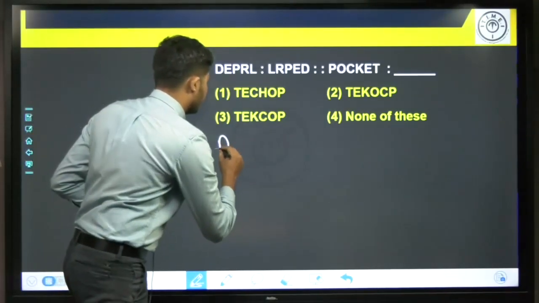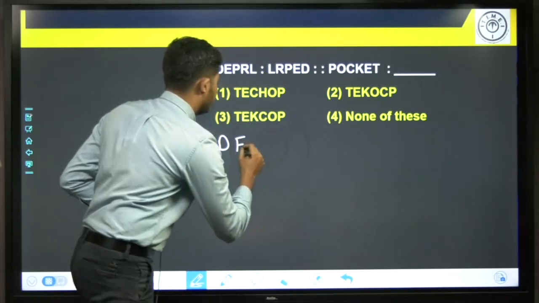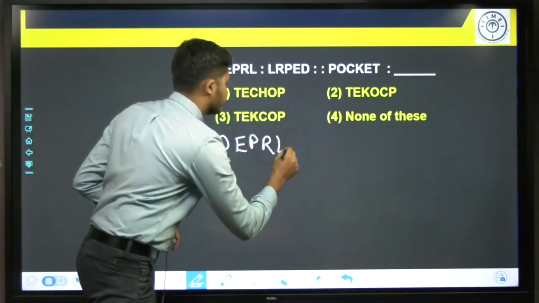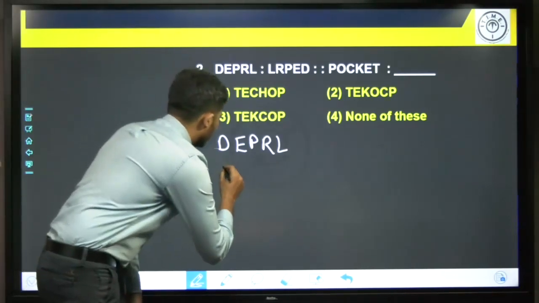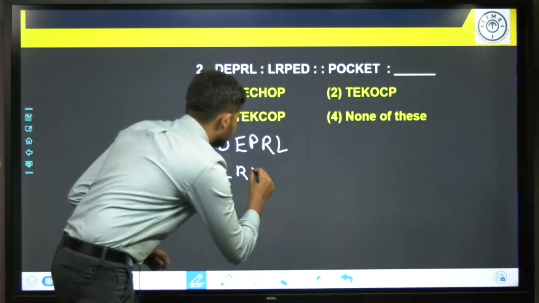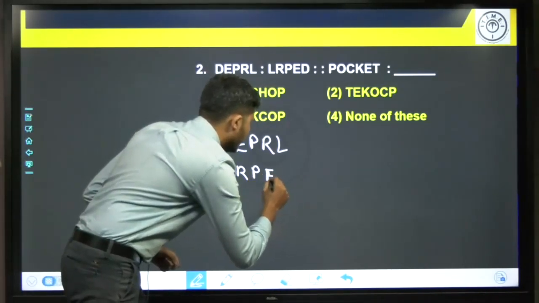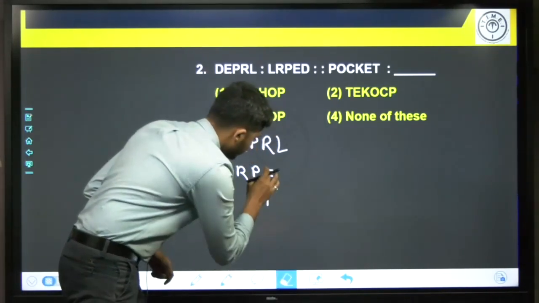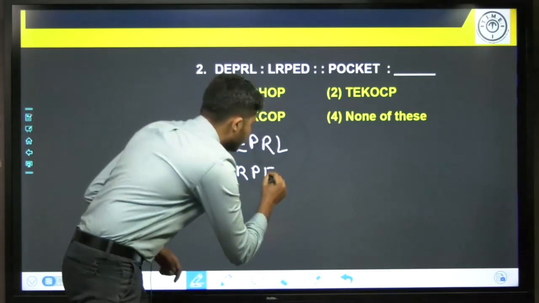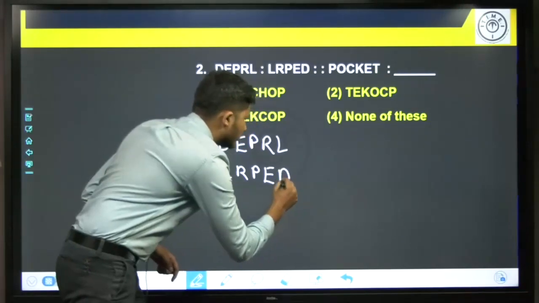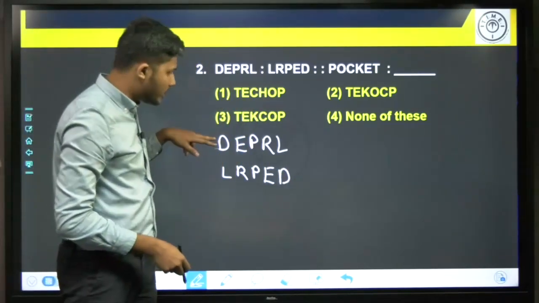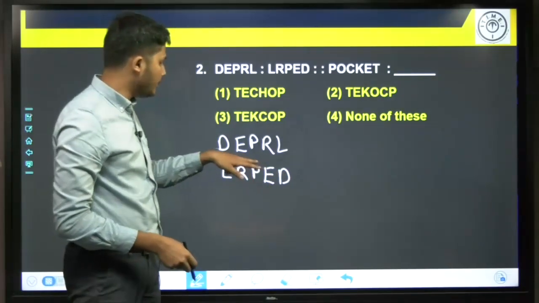D E P R L, and the second term is L R P E D. Here we can clearly see the same word is written in the reverse order, DEPRL.